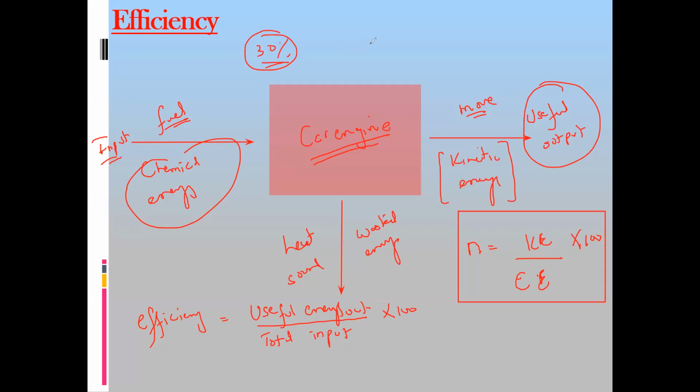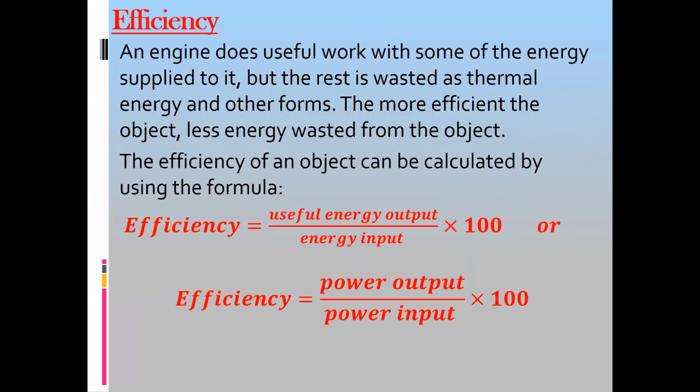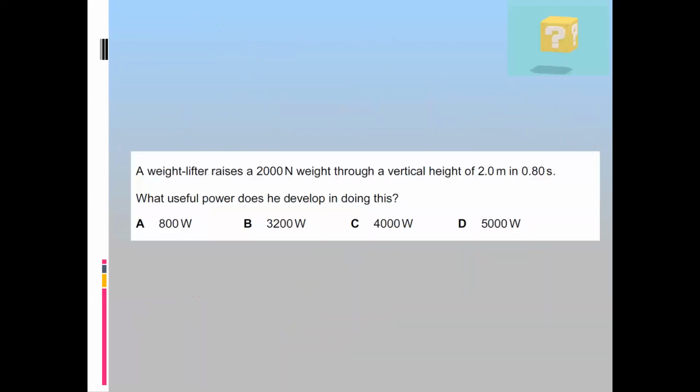If I say efficiency is 50%, it means that compared to total energy, 50% is useful and the remaining is wasted. So we can use efficiency as useful energy output divided by total energy into 100, or useful power output divided by total power into 100.